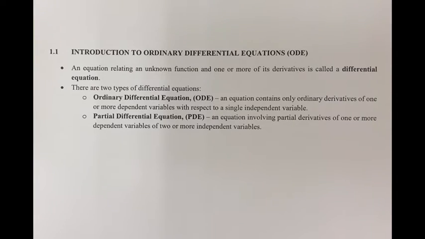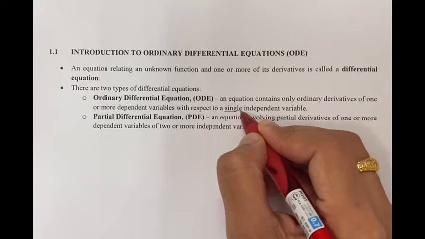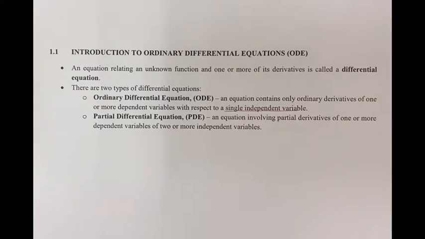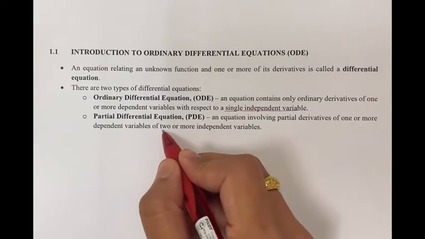So ODE is an equation contains only ordinary derivative of one or more dependent variables with respect to a single independent variable. While for PDE, partial differential equations is an equation involving partial derivative of one or more dependent variables of two or more independent variables.